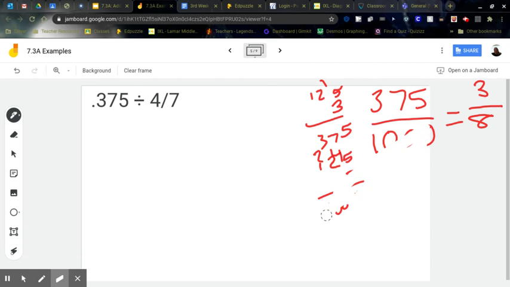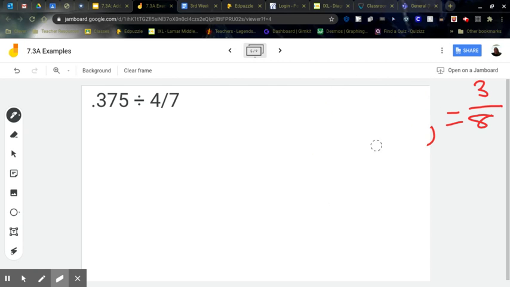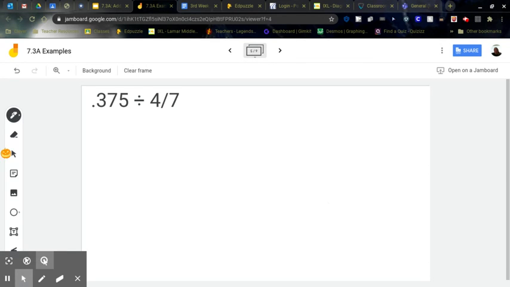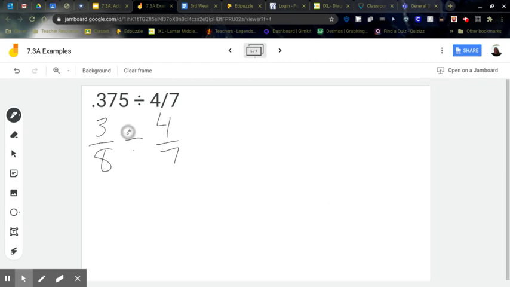So we're going to make that 3/8 divided by 4/7. When I divide, remember, keep, change, flip. We keep the first number the same, 3/8.